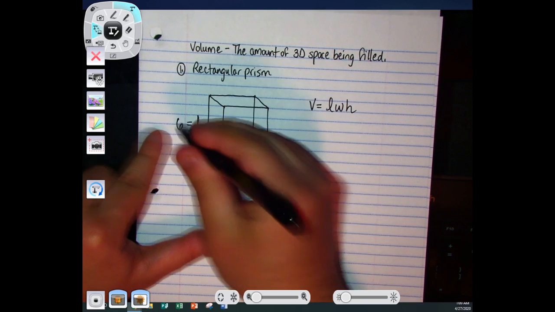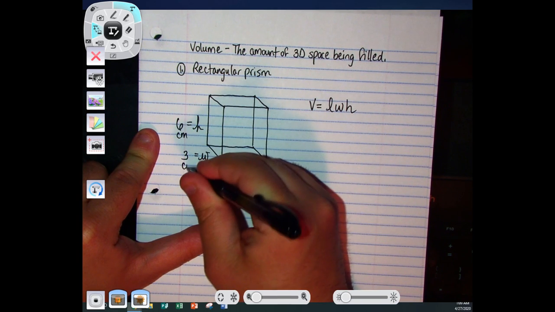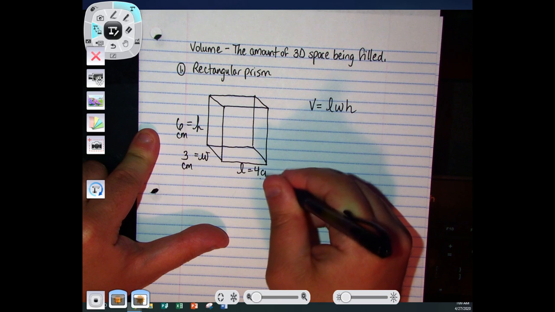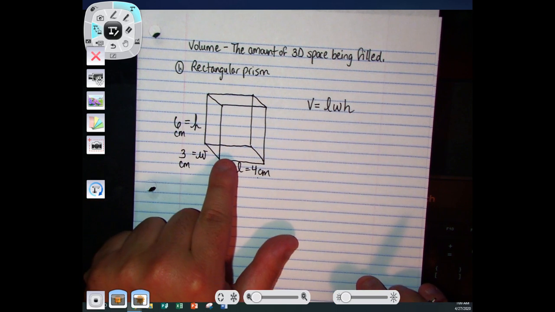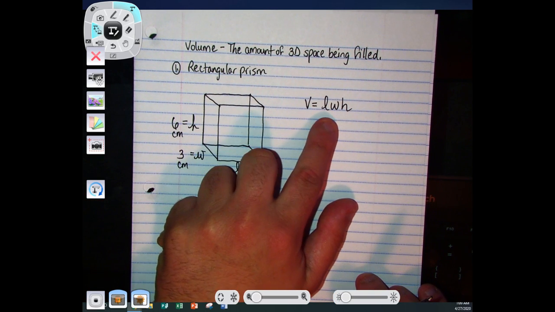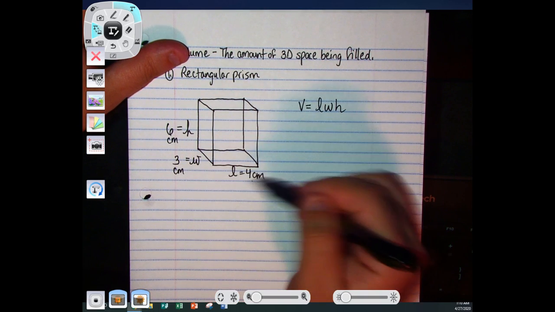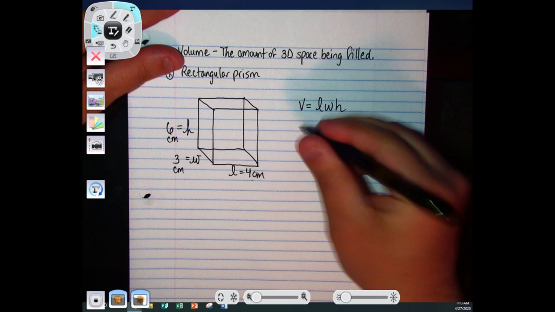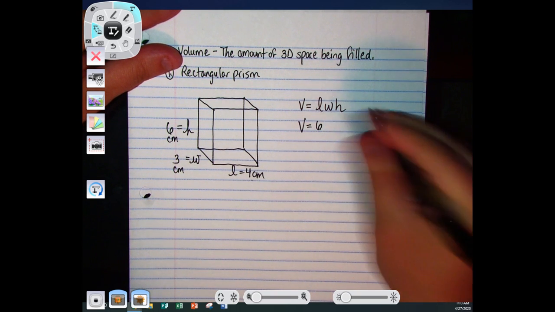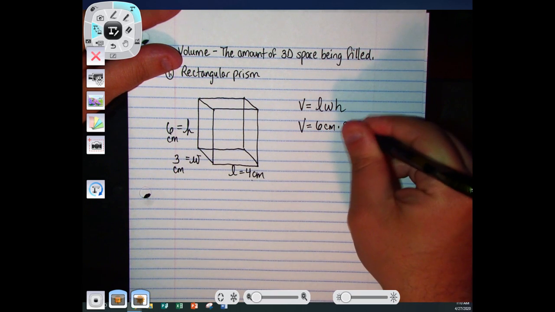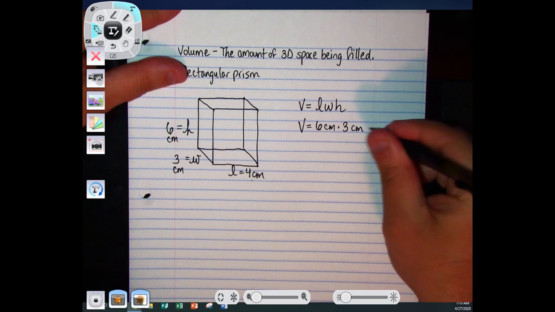And let's say we call these centimeters, just to put units in there. So to find the volume of this cube, we would use our formula volume equals length times width times height. We would just multiply these 3 together. So it'd be 6 centimeters times 3 centimeters times 4.